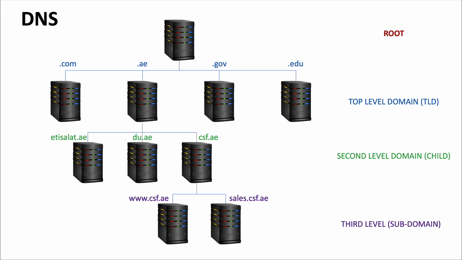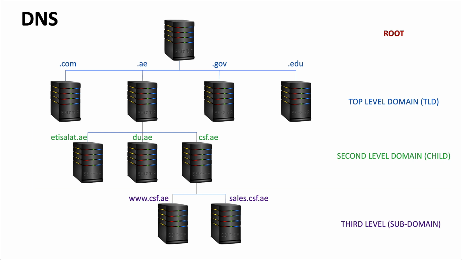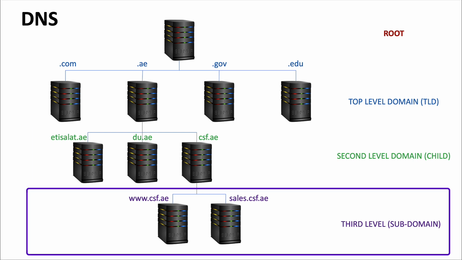To get a domain, basically what you get is a second-level domain or a child that you register. So when you say csf.ae, CSF is the name that you choose and register if it's available, along with the top-level domain. The third level is the subdomain level, and the default one is www.